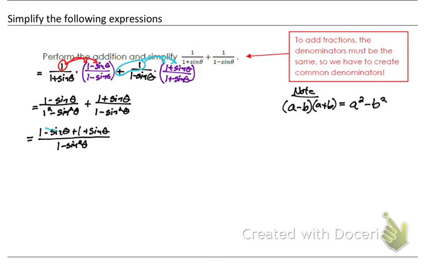So these are just going to cancel out. I still have that 1 out front and that other 1, so that's going to be 2 on top. So this is going to equal 2 over 1 minus sine squared theta.